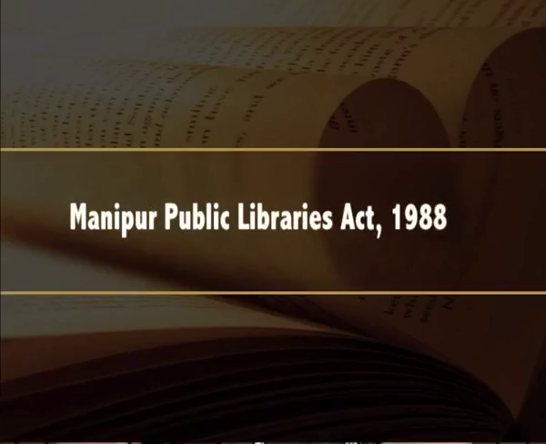Manipur Public Libraries Act 1988. There were about 109 libraries: Imphal Public Library, Manipur Public Library, State Central Library, 5 district libraries, and 101 voluntary organized libraries before enactment in 1988.